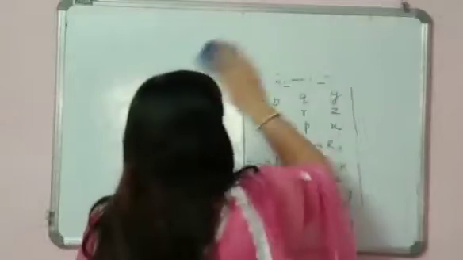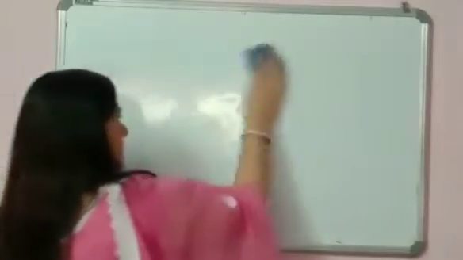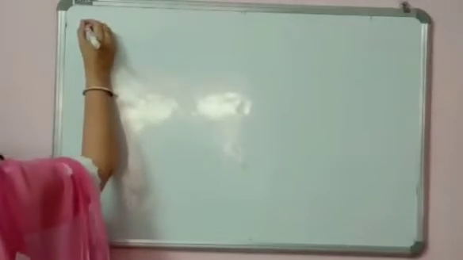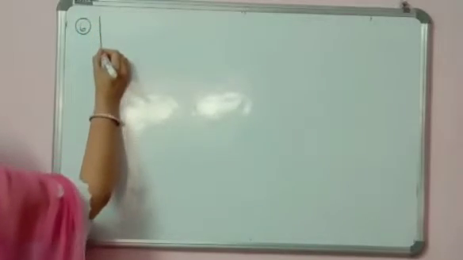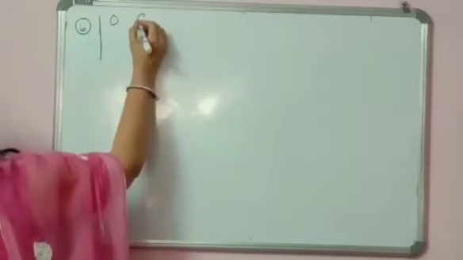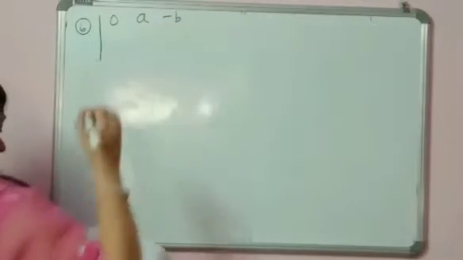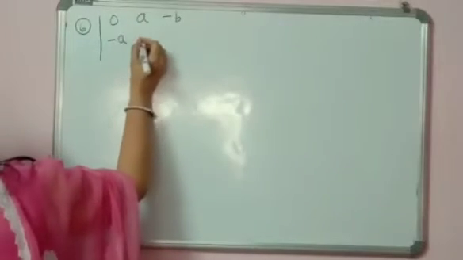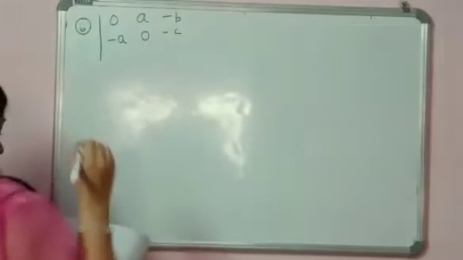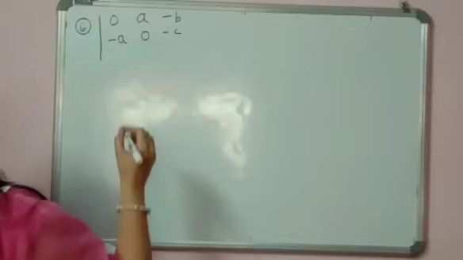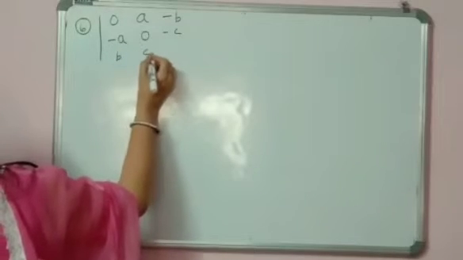So question number 6 is, all of you note down question number 6. So it is: first row is 0, A, minus B, then minus A, 0, minus C, then B, C and 0.